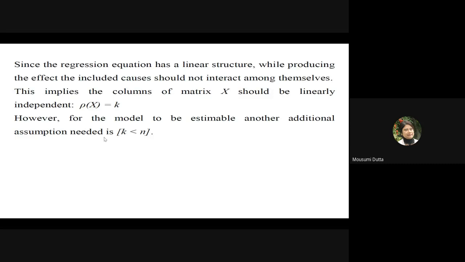How many explanatory variables will you be able to consider? However, the number of observations will be too large. So in this context, you need to maintain a sufficient gap between n and k. That's all.